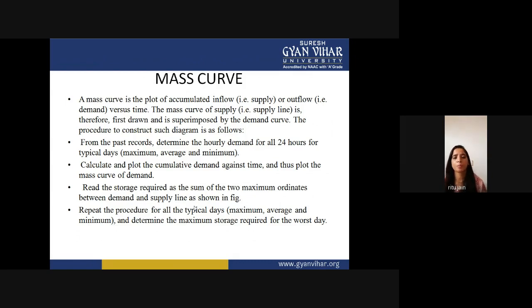Then calculate and plot the cumulative demand against time and thus plot the mass curve of demand. Now read the storage requirement as the sum of the two maximum ordinates between demand and supply. Then repeat the procedure for all the typical days, maximum, average, and minimum, and determine the maximum storage required for the worst day.